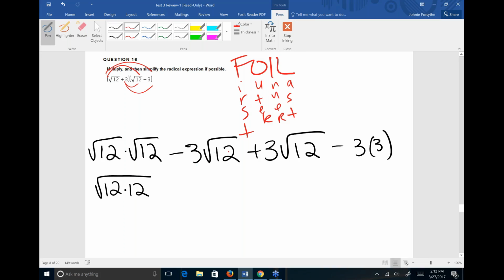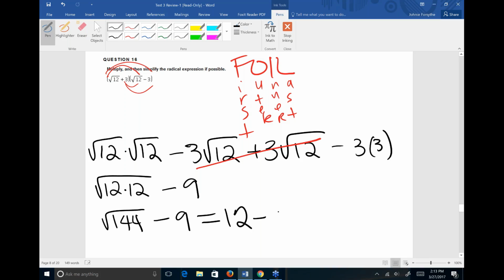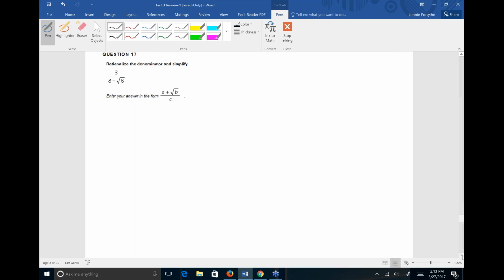Negative 3 square root of 12 plus 3 square root of 12, they are like radicals, and they will equal 0. And then negative 3 times 3 is negative 9. So then we have the square root of 144 minus 9. The square root of 144 is 12 minus 9, which equals 3.